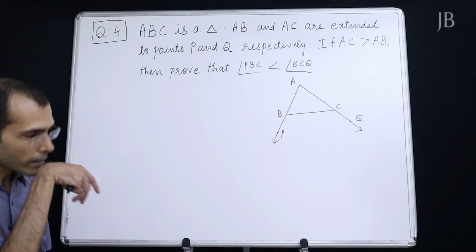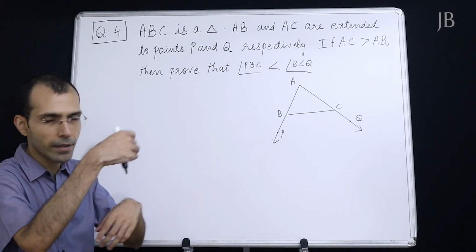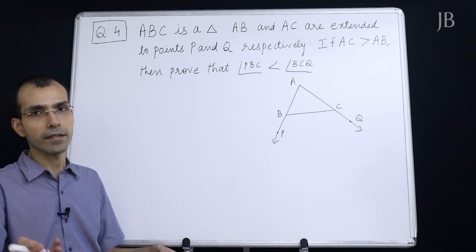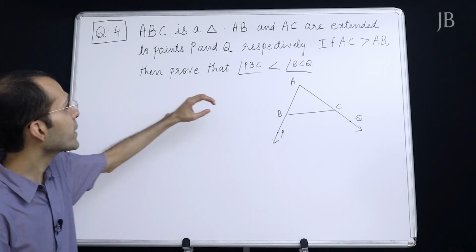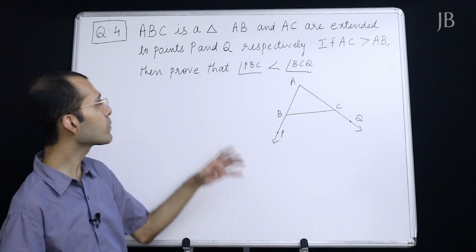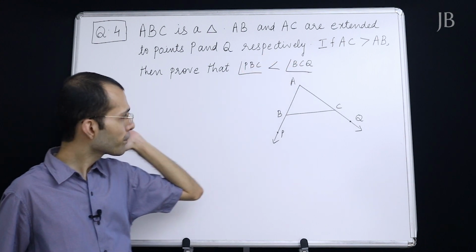A different question. So far what was happening is we were proving this side greater than the other side, or this side is smaller than the other side. Here information about the sides is given to you. You have to prove some angle smaller than another angle.